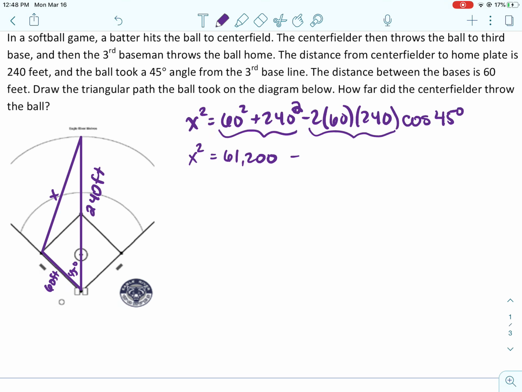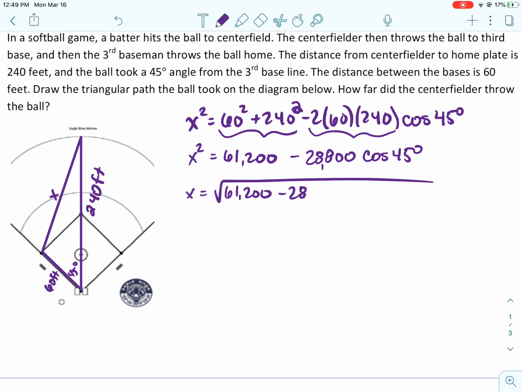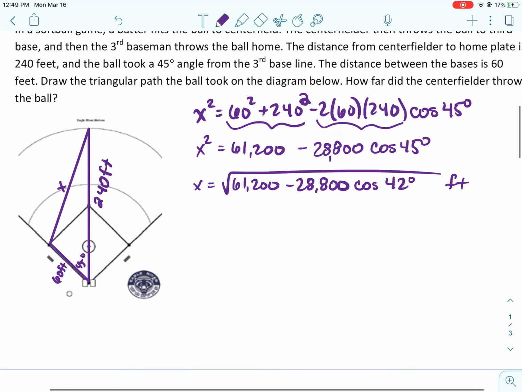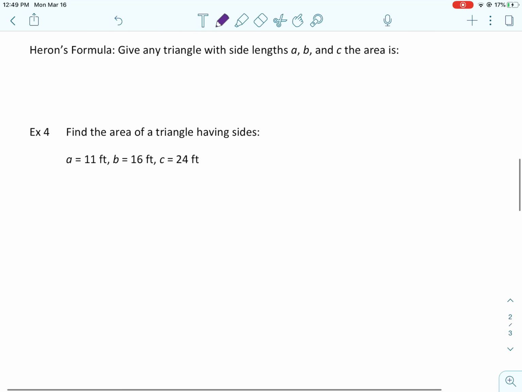Okay. So then we can do some squaring and adding here. All right, and then some multiplying. Okay, and then finally, all of that just goes under a square root. And that's going to be in terms of feet. So in case you're wondering, that is 202.08 feet that the center fielder threw the ball.